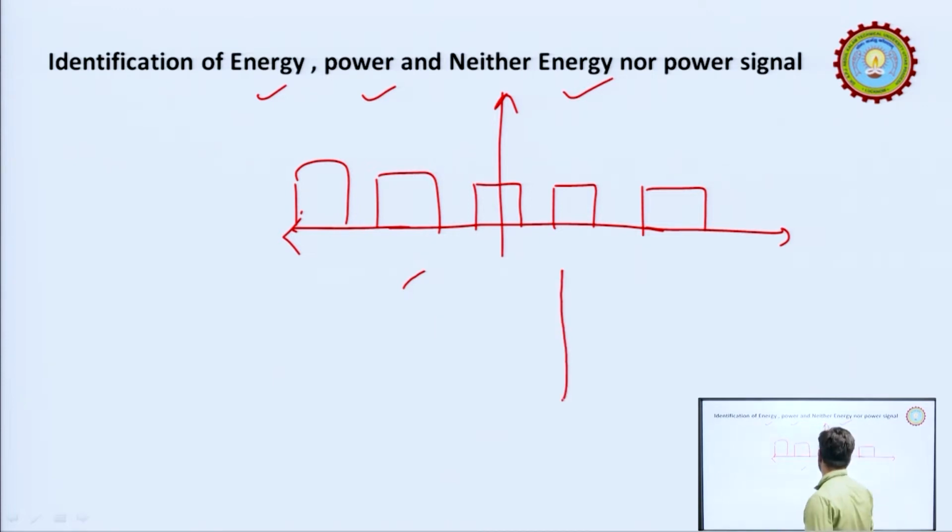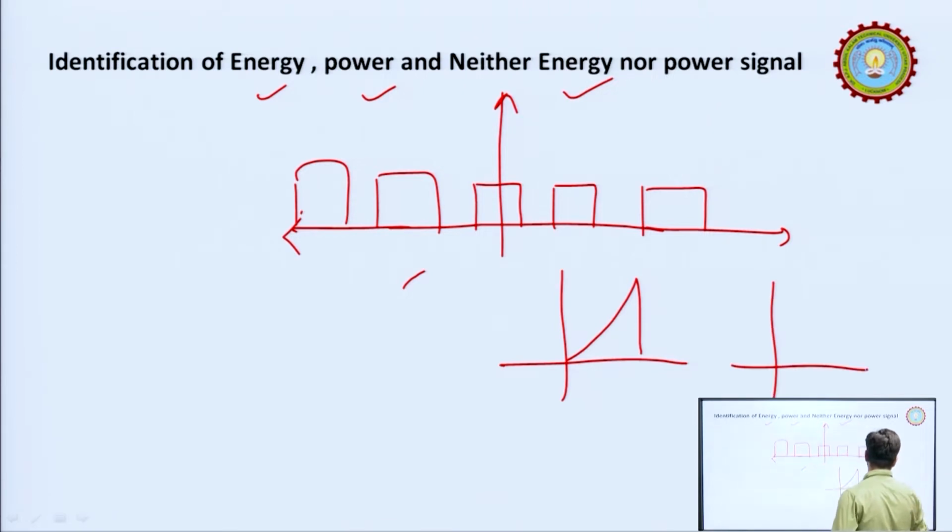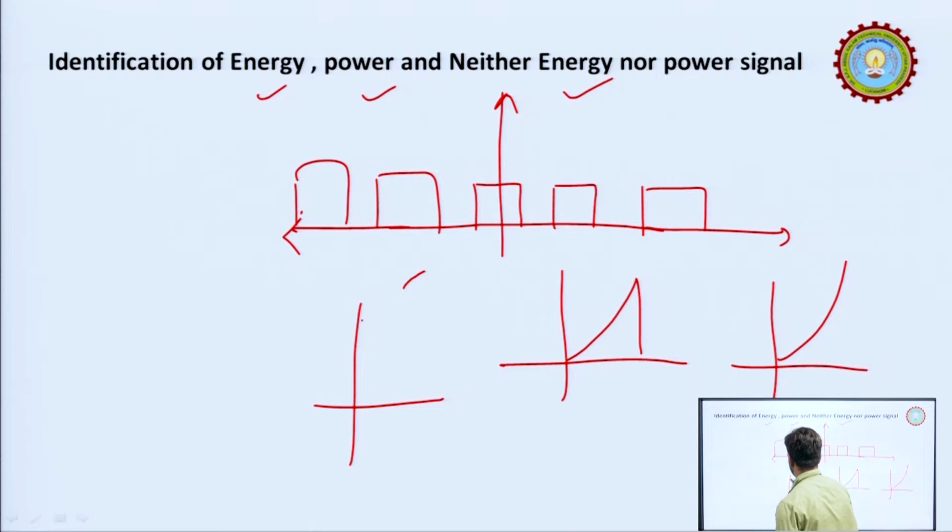Or if a signal is like this, or like this, so these are the four various signals. If you are required to identify the category of the signal, how will we do it, we will see.